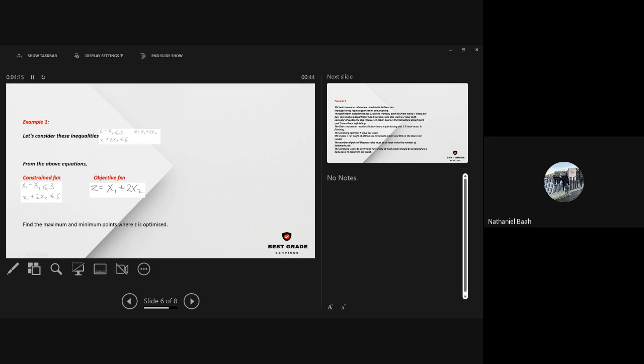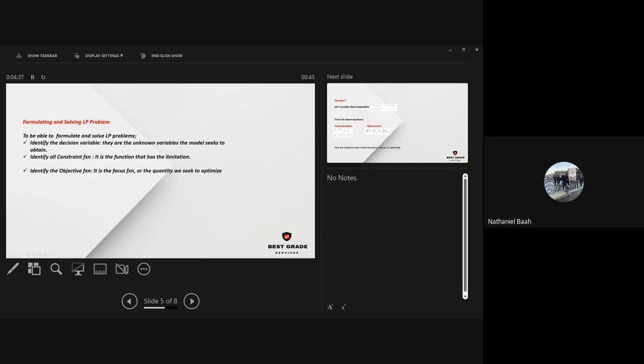Say x1 minus x2 less than or equal to 3 is my equation 1, and x1 plus 2x2 less than or equal to 6 is my equation 2, and z equals x1 plus 2x2 is my equation 3. So going back to this slide, let's see how we'll be able to solve this linear programming problem.